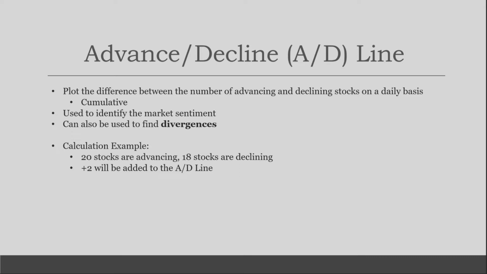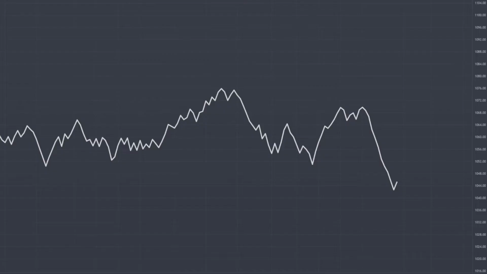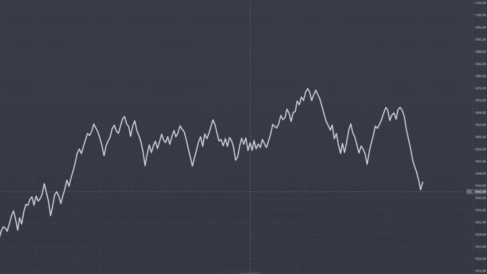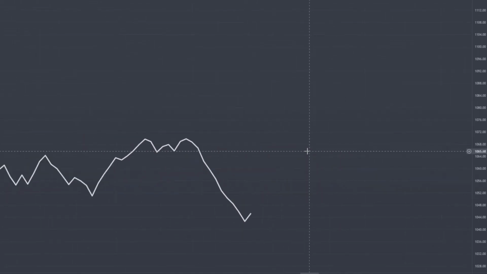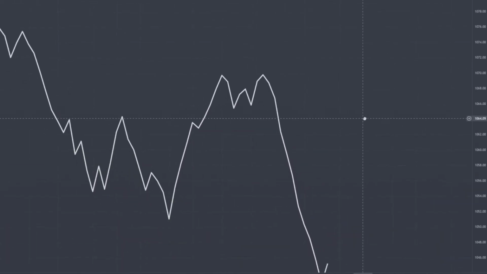Let's have a look at what the AD line looks like on a chart. Once you have gone ahead and added the advance decline line indicator to your chart, you should see something that looks like this. It is drawn on a single line and changes on a day-to-day basis due to the AD line calculation that we mentioned earlier. Let's look at an example.